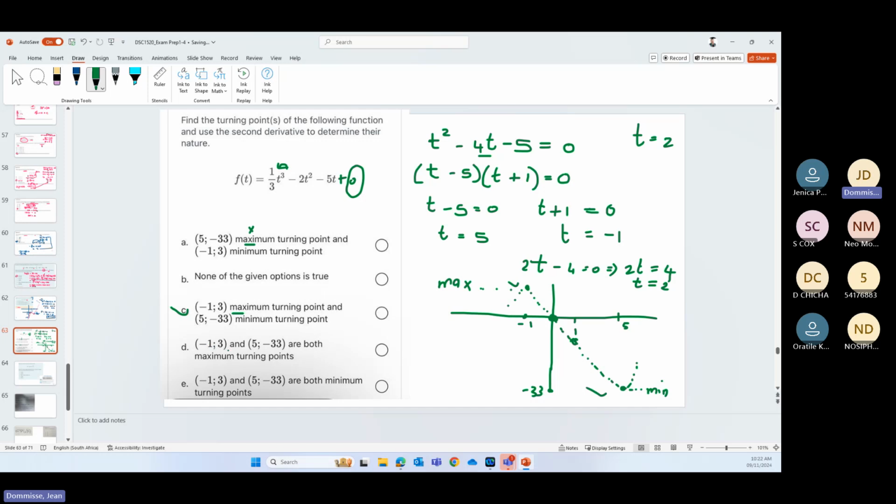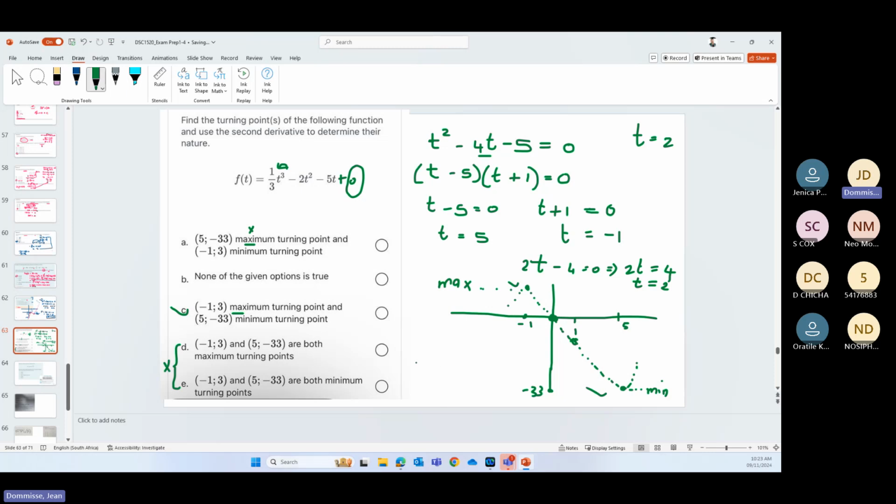Minus 1, 3, and that are both maximums. I don't even think you will be able to, these two will never happen if you have a cubic.